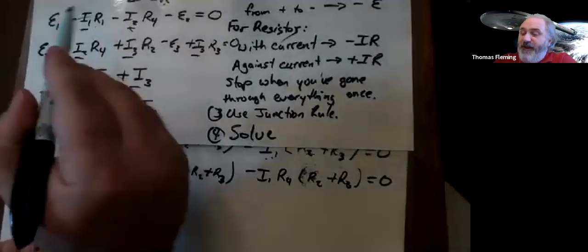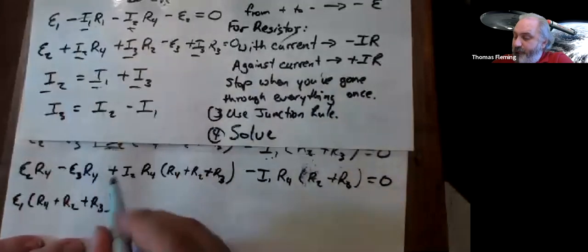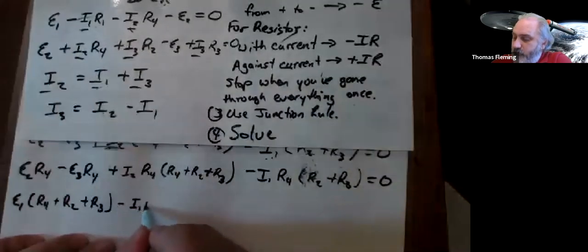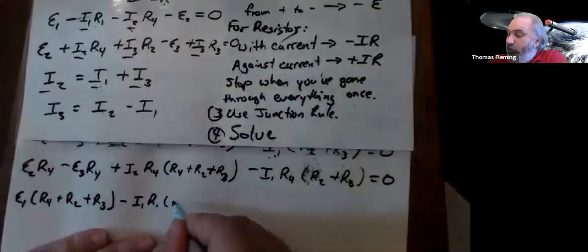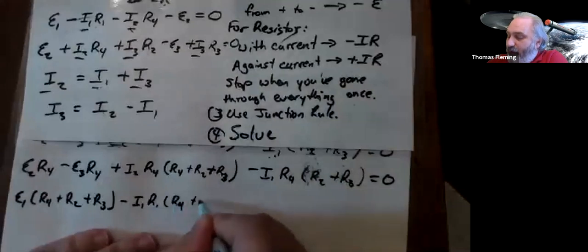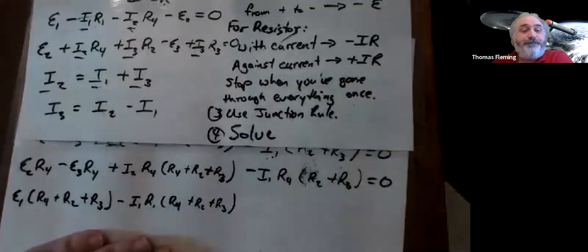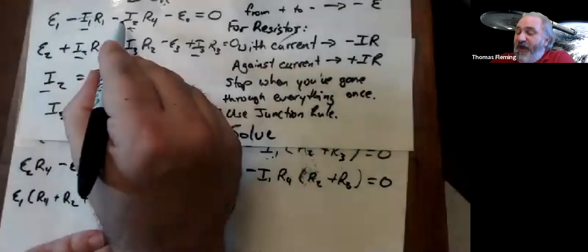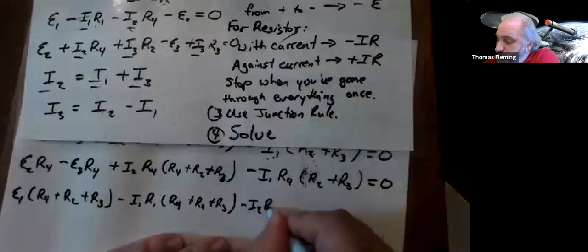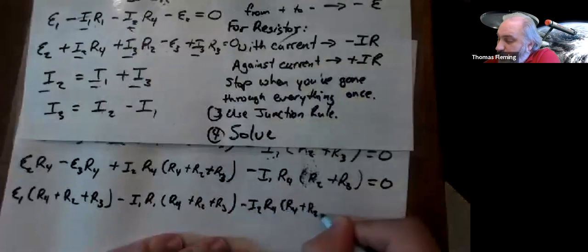I'm going to have negative I1 R1 times R4 plus R2 plus R3. I'm going to have minus I2 R4 times R4 plus R2 plus R3.